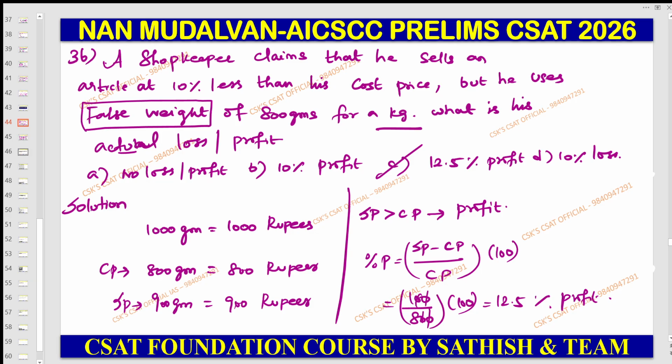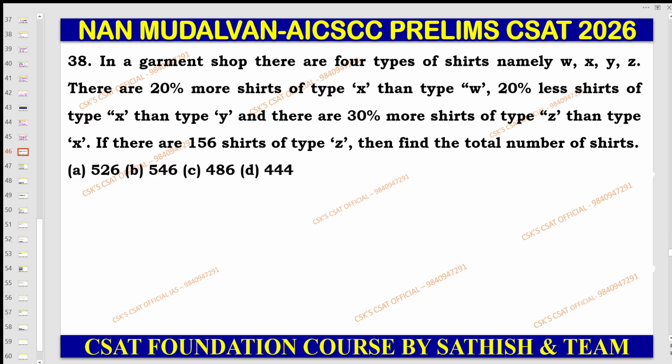Next, 37 over. Let's focus on the 38th question. This is a lengthy question. Still you can do this question with fast calculations, or else it's quite difficult to cover this question in 2 to 3 minutes.